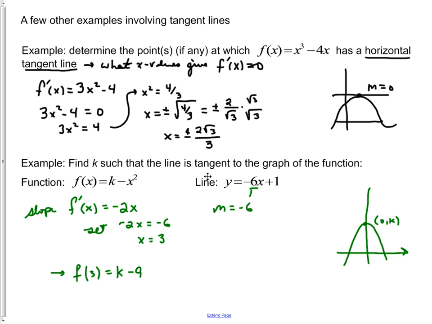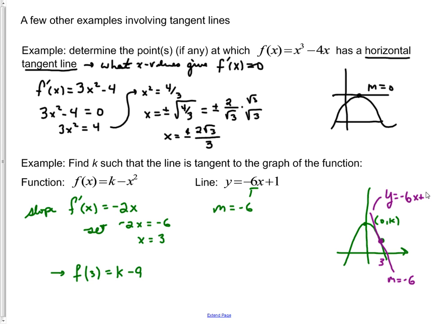Well, if this line is actually tangent to the graph at x equals 3, that means that if we go to x equals 3 somewhere here on our graph, let me change color. If we go to x equals 3 somewhere here along our graph, this will be the point where the line has a slope of negative 6. And not only that, that point will be on the line y equals negative 6x plus 1.